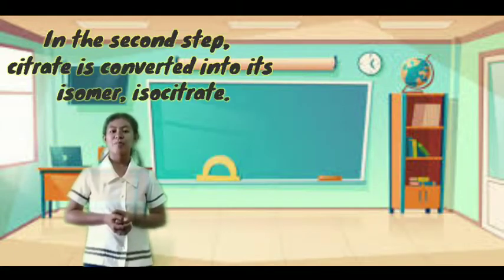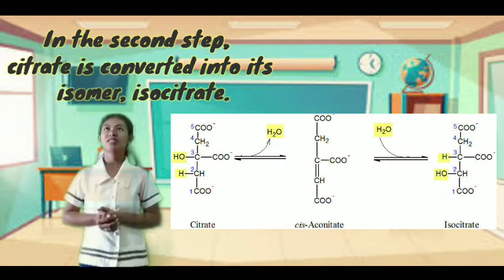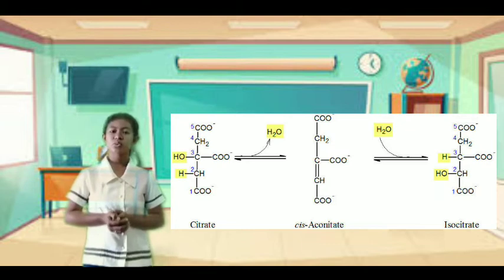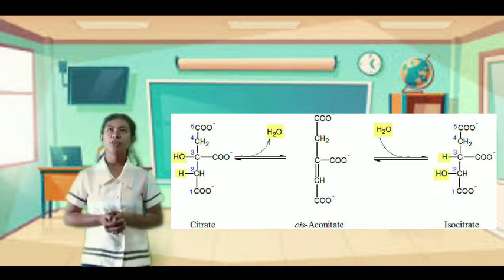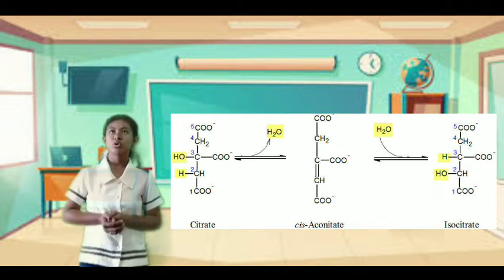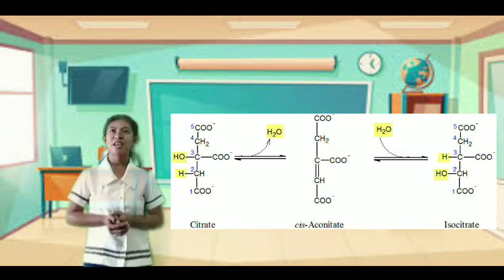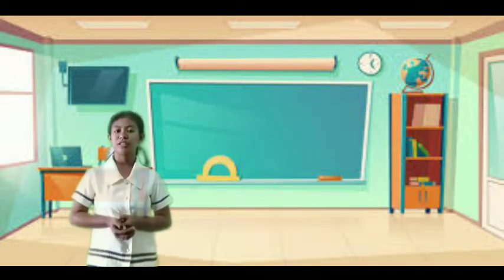In the second step, citrate is converted into its isomer, isocitrate. This is actually a 2-step process involving first the removal and then the addition of a water molecule, which is why the citric acid cycle is sometimes described as having 9 steps rather than the 8 listed here.